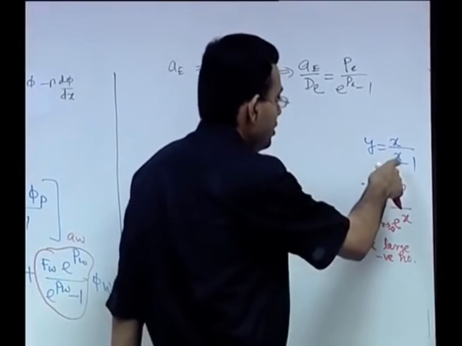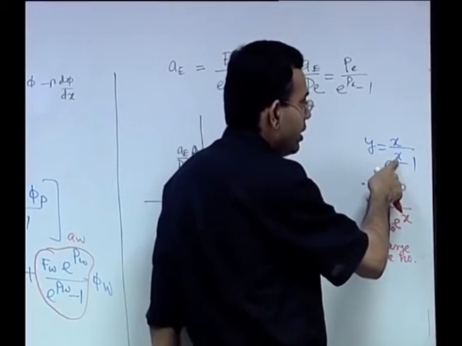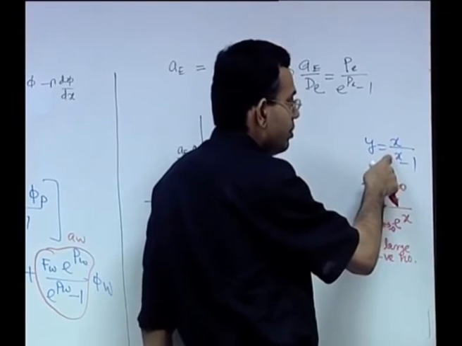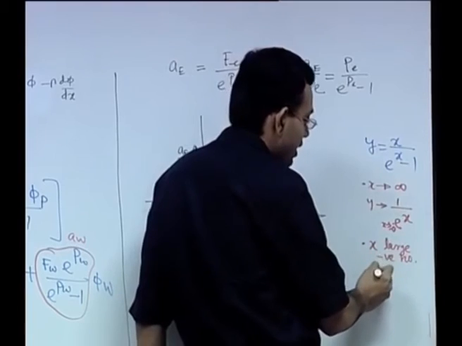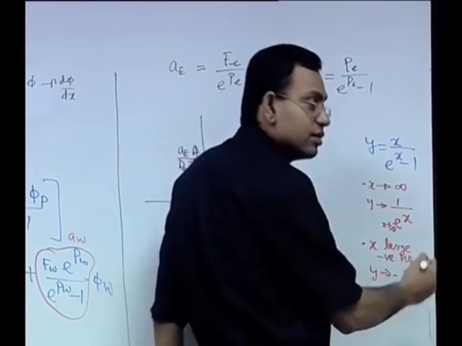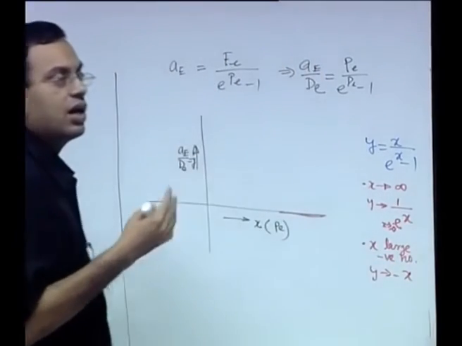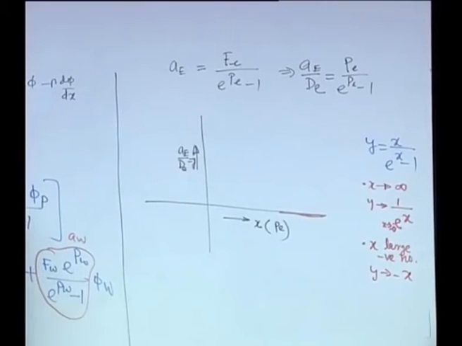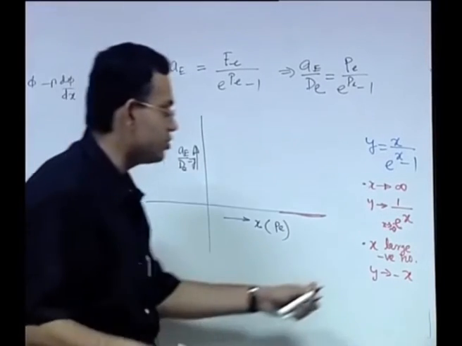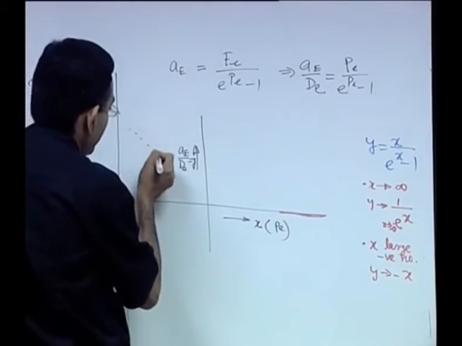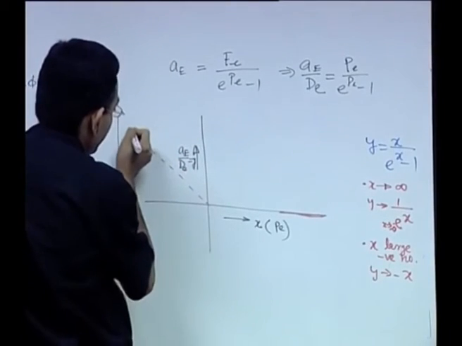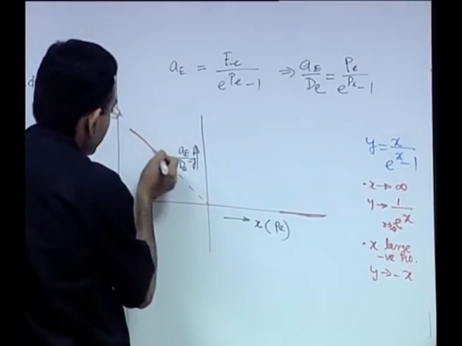The denominator e to the power x is e to the power minus infinity, which tends to 0. So, it tends to minus 1. Therefore, in that case y tends to minus x. It depends on how large or how small the magnitude of x is. So, if you draw y equal to minus x, this is that limit.